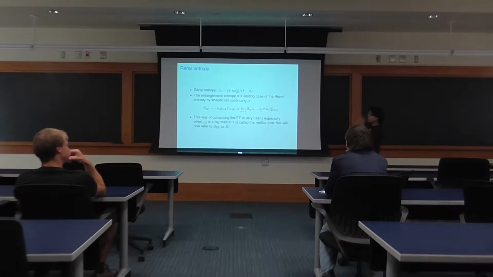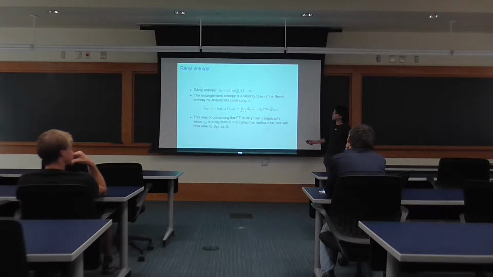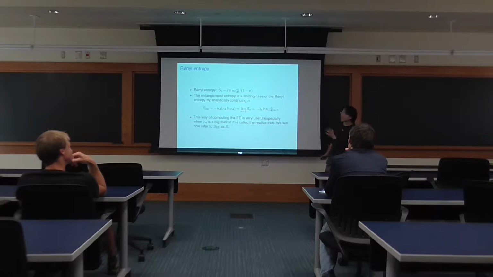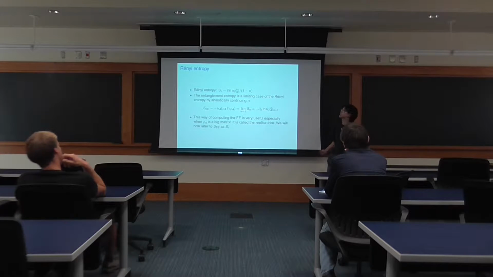So what exactly is the Rényi entropy? The Rényi entropy is defined as log trace rho A to the power n, divided by 1 minus n. As background, Rényi was trying to look for a general measure of correlations and information in the context of information theory.